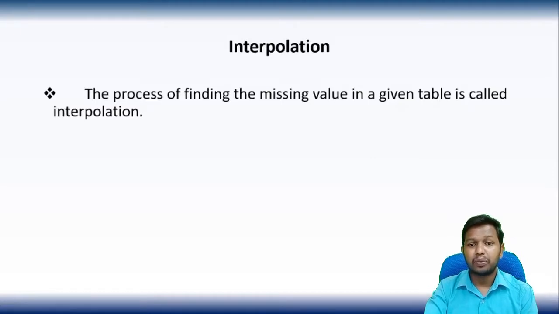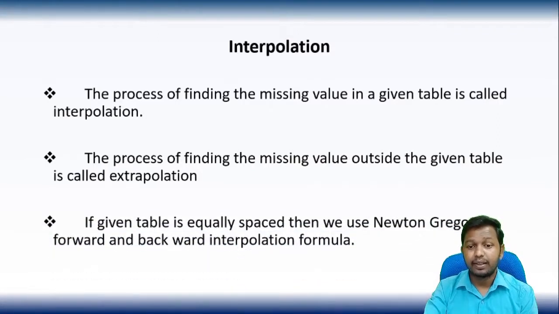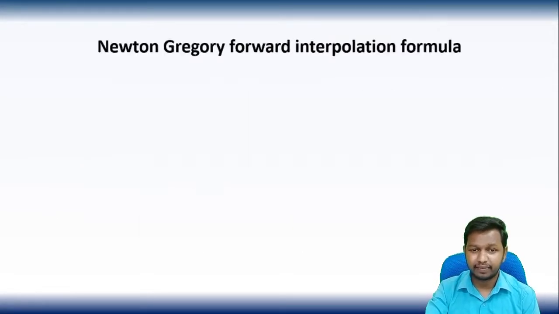The process of finding a missing value in a given table is called interpolation, and the process of finding a missing value outside the given table is called extrapolation. This Newton-Gregory interpolation formula is only valid when the given table is equally spaced.